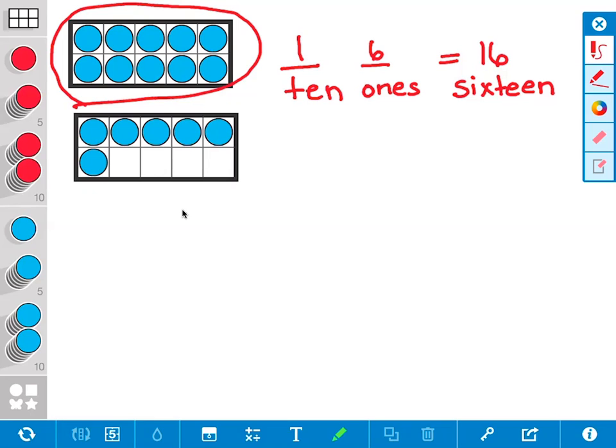And I can do it that way. But if you know that this is a group of 10, you can just say 10, 11, 12, 13, 14, 15, 16. So you can use your counting on strategy. Or, oh, this is a group of 10. Let me write 1. That 1 means a group of 10.